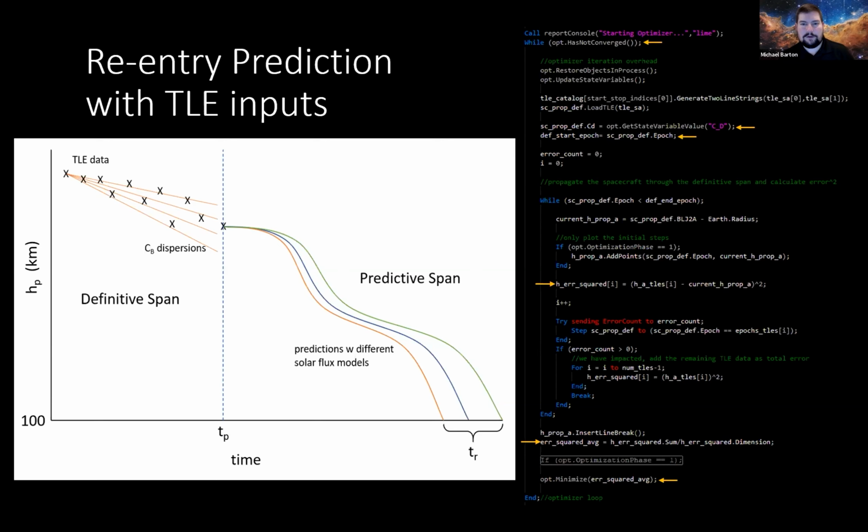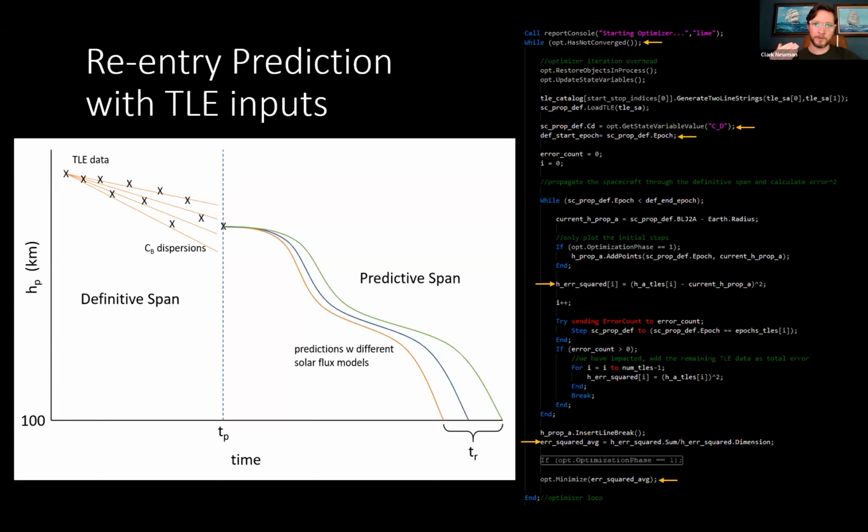Gotcha. A couple questions about this model. So let's stay on this slide. Question: does the error in the optimization objective have a physical interpretation or meaning? Yeah, so we are looking at the altitude of the spacecraft at the epoch of the TLE, and when you string these along in time, the TLEs are noisy, but if they were not, they would give you a contiguous state as the satellite decays.